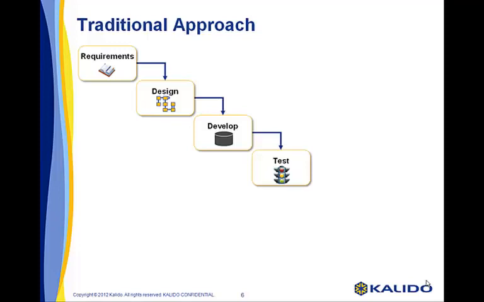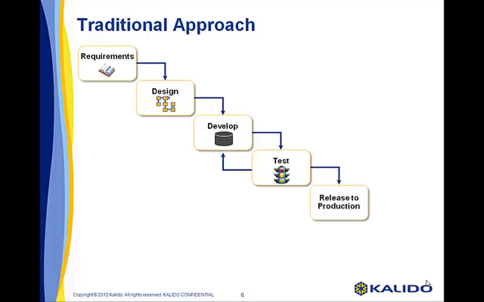So this is the first time that we really start to see the effects of quality problems. This is the first time that we see where integration rules don't quite work. But once we're in test, we can't go back to design. All we can do is go back to develop and build a workaround for these issues, instead of designing for quality and integration, the 2 key reasons we're building this environment in the first place.